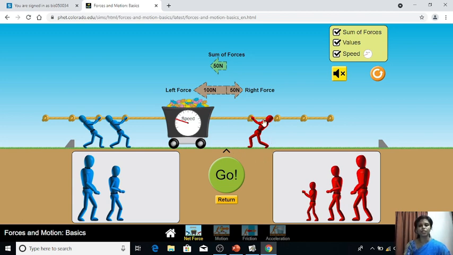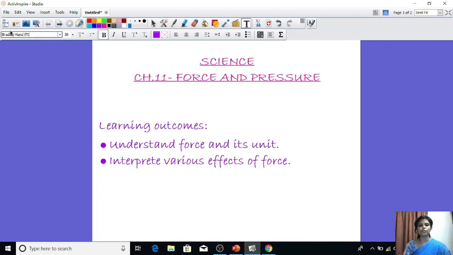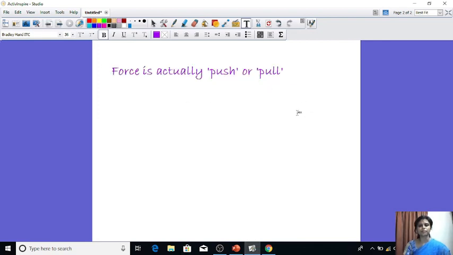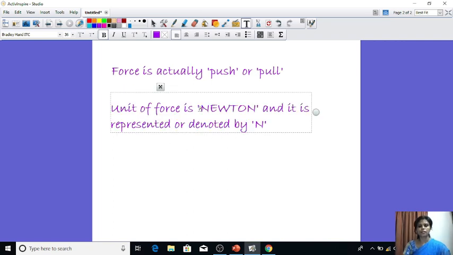It has a unit, and what is the unit of force? That is Newton, right? So we can write over here that the unit of force is Newton, and it is denoted by capital N, right?